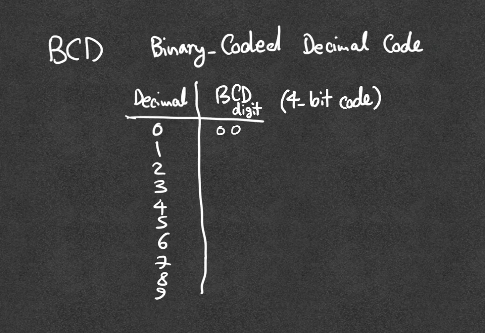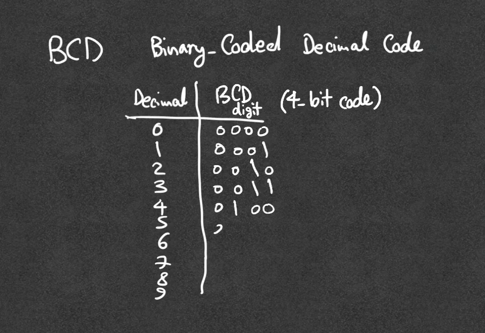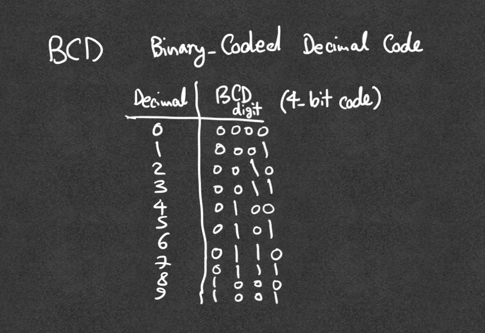So you have 0000, 0001, 0010, 0011, and so on until 1001, which is 9. From 9 to 15, there is no meaning in BCD.